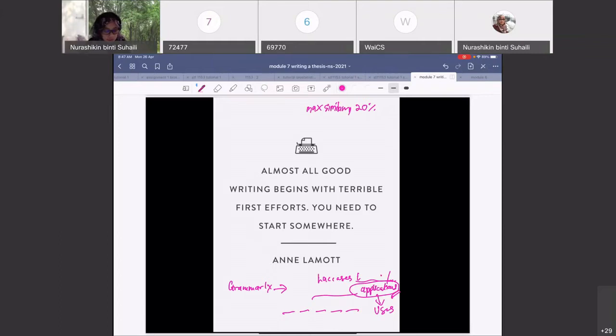You have to write them as 3 words consecutively, so those will be detected. But Turnitin is just computer software. It is programmed to detect the similarity, and it will just detect everything.